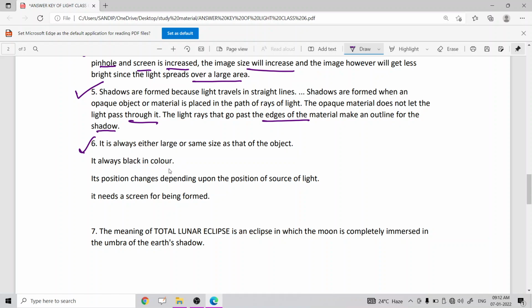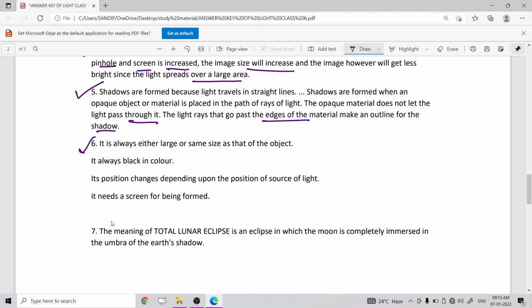The characteristics are: it is always either larger than or the same size as the object; and the second one is it is always black in color, though sometimes we get a less bright one; the third is its position changes depending upon the position of the source of light; and it also needs a screen to be formed.